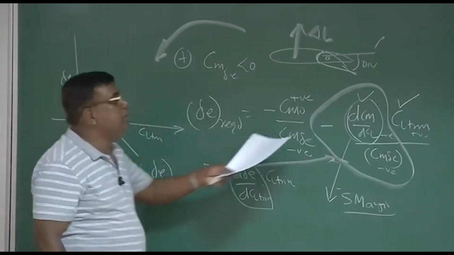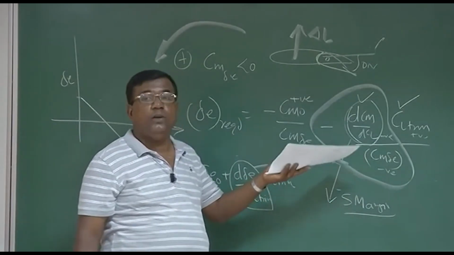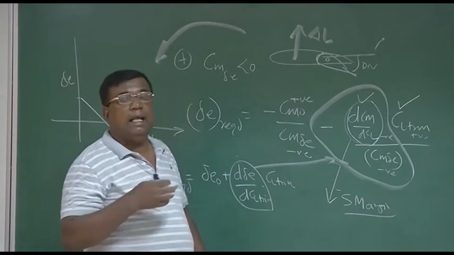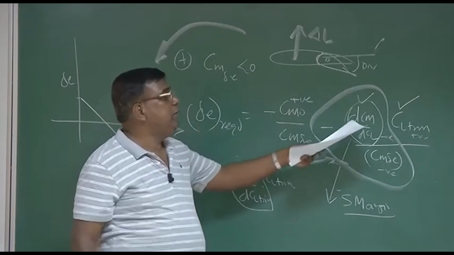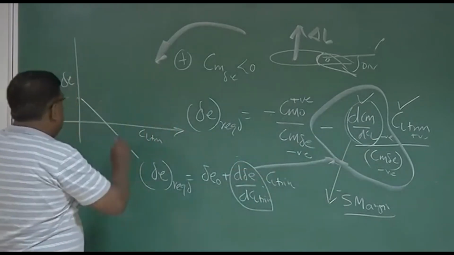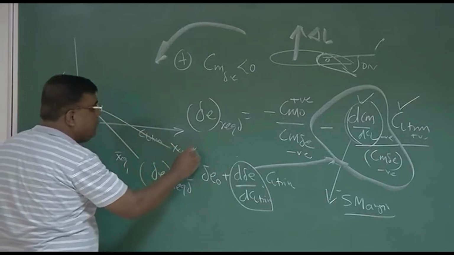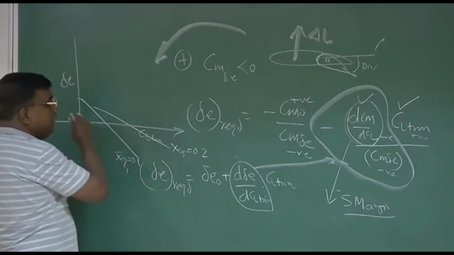Why? Because dCm by dCl is here, which will change with CG location. But dCm by dCl is minus static margin, and as CG goes aft, the static margin reduces, so this becomes lesser and lesser negative. So as I am going back, I am taking hCG, let's say earlier it was 0.1, here it's 0.1, now 0.2 means I am taking it back.